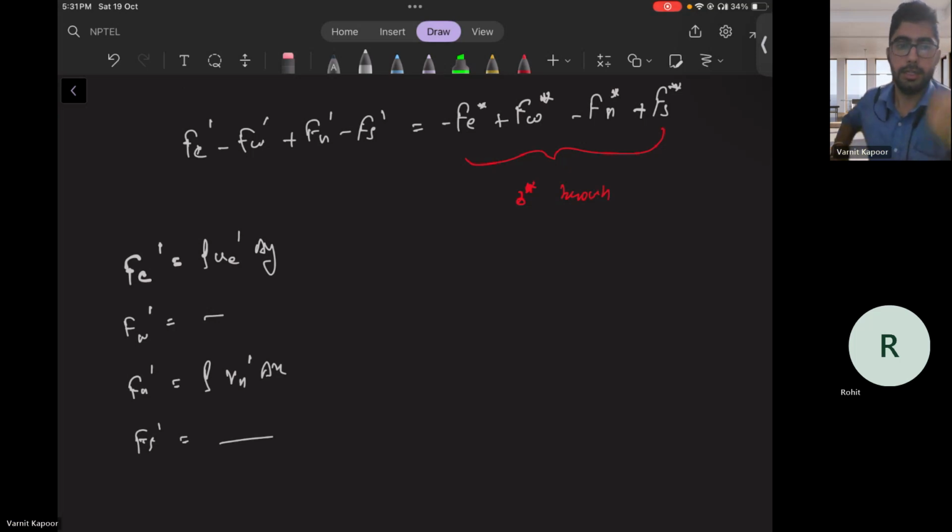Now, this is where the difference comes between a staggered mesh and a collocated mesh. Essentially, these prime velocity corrections we will get from the momentum interpolated phase velocities.